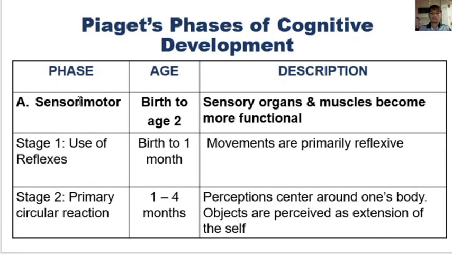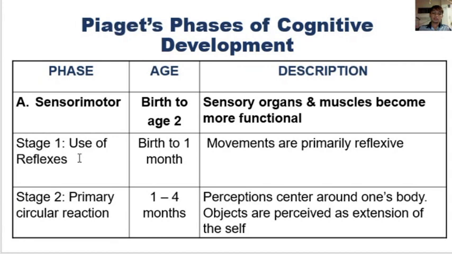The sensorimotor stage starts from birth to the age of 2. In description, they use sensory organs, and muscles become more functional, and they use them to understand the things around them. I separated this phase in this slide because I have two substages for this main stage of sensorimotor.